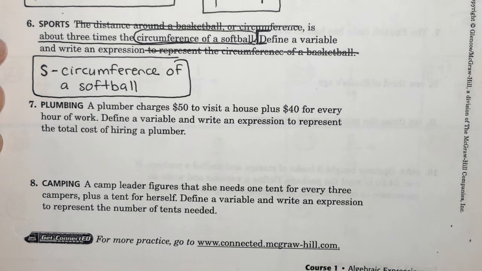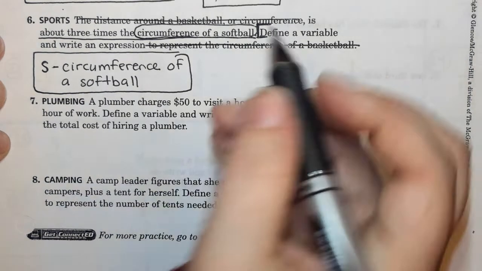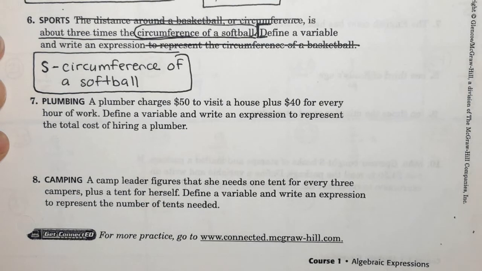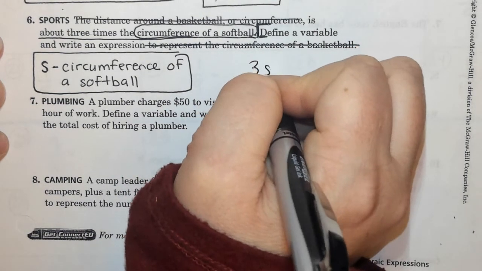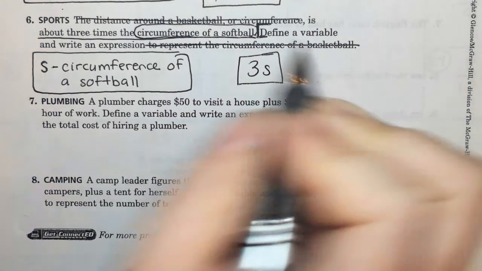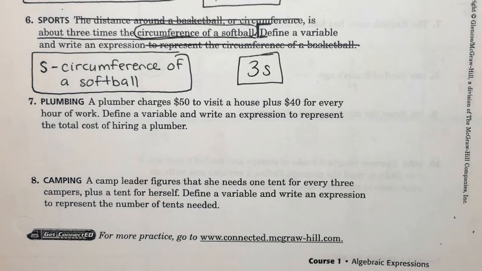What do you think, Emmanuel? 3 times S, and what's a better way to write that? Just 3S. So we would read that 3 times S, but if we're writing it, just make sure we write it 3S. When we read it, we would read 3 times S. Okay, very good. All right, questions about number 6.